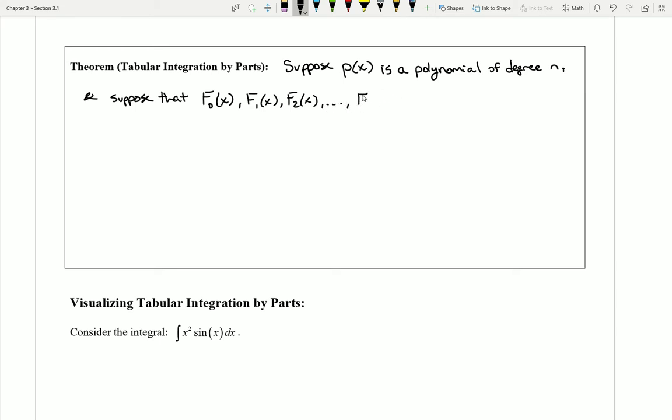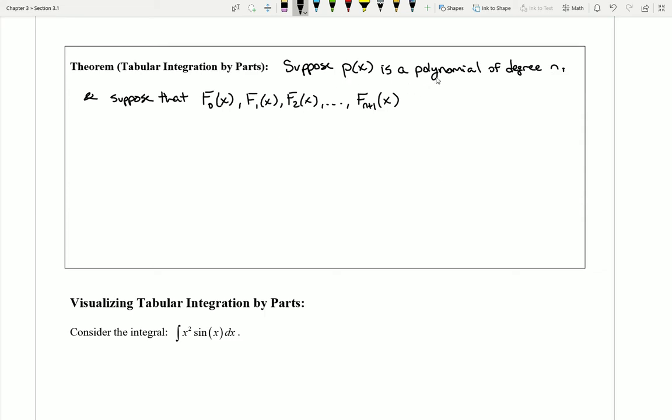I'm going to stop once I get all the way up to f number n plus 1 of x. So notice here that the number of f function, I go all the way up to whatever the degree of that polynomial was, plus one more. So if I had a polynomial of degree 2, like a quadratic, I would go all the way up to f number 3. If this was degree 10, I'd go all the way up to f number 11.